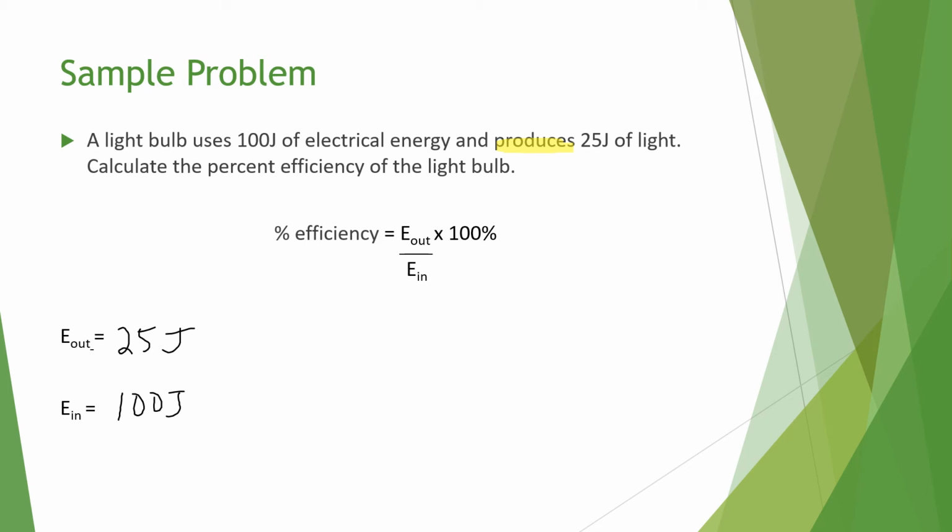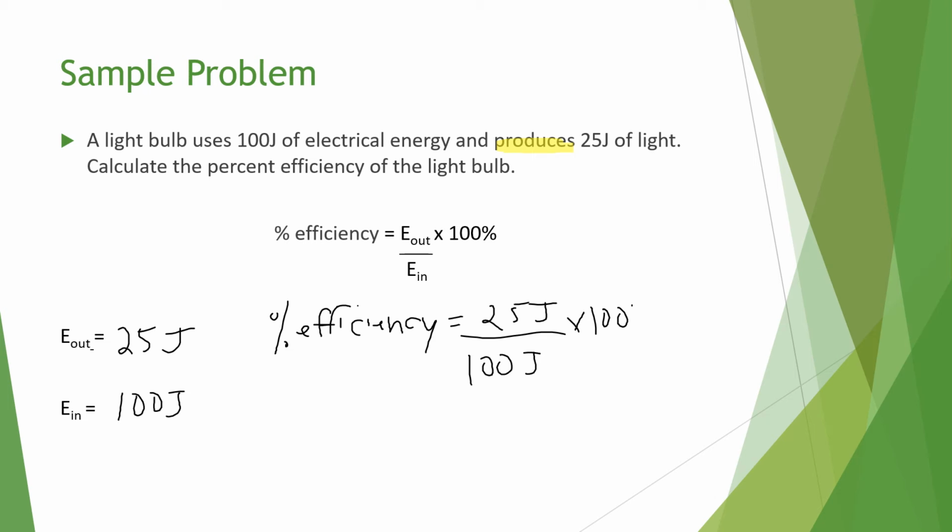So now we're going to use our formula here, trying to be as neat as possible. Percent efficiency is equal to E out. So we now know that that is 25 joules divided by E in, which is 100 joules, times 100%.